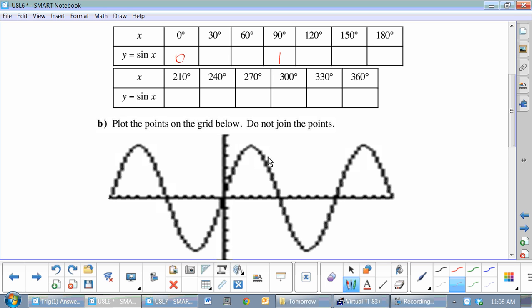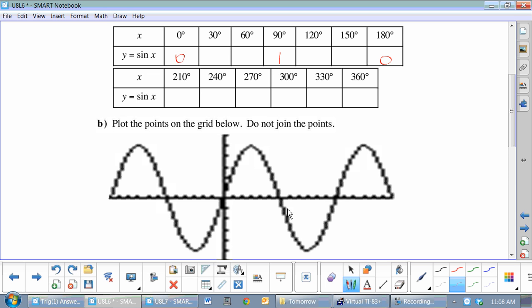Then we come back down to 180 degrees. Do you know what I'm doing on your unit circle? I've been going 0, 90, now I'm going to 180. What's sine of 180? It's 0. And do you see that we're at 0 where my arrow is? That's 180.